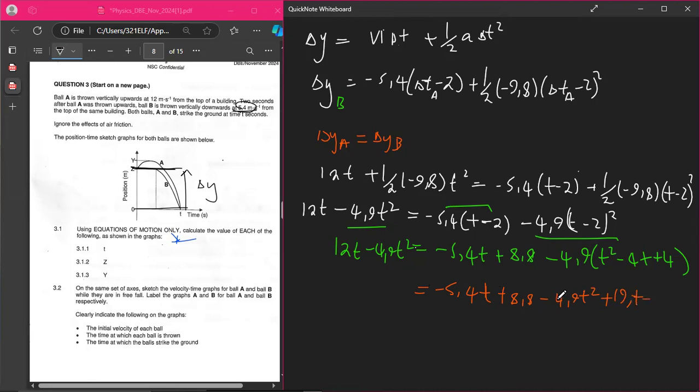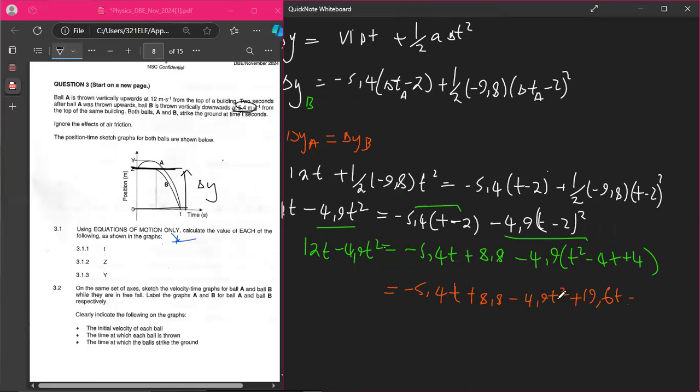This is going to be also minus 4, that's going to be minus 19.6t. Let me just use this. This is going to be plus 19.6t, then minus 4.9 multiplied by 4, that's going to give me minus 19.6 also. So now I have 12t minus 4.9t squared.